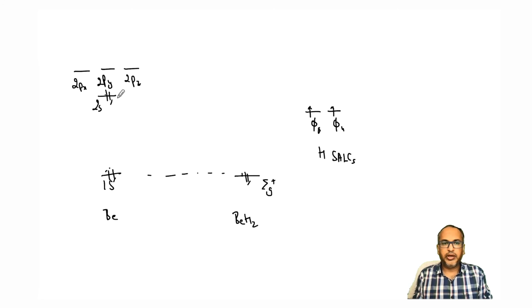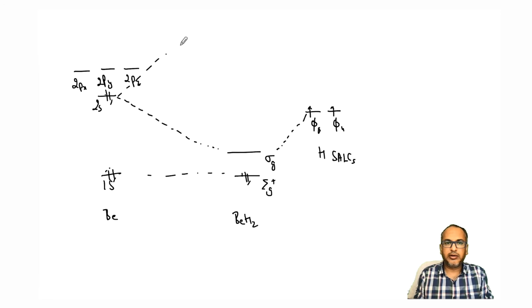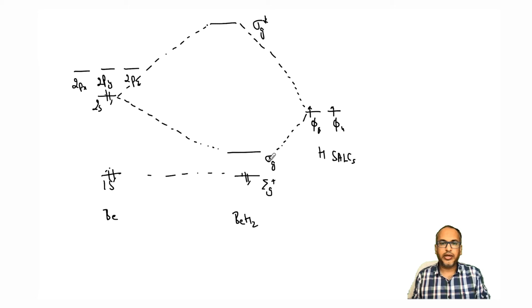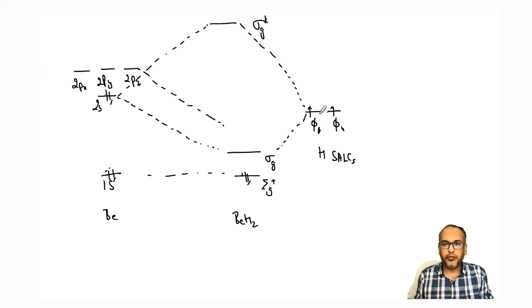This is Be. Now this will combine with phi G to give rise to sigma G, right? And then this will also give rise to sigma G star. Now 2pz will combine with phi U because of same symmetry again. So this will give rise to sigma U and sigma U star.